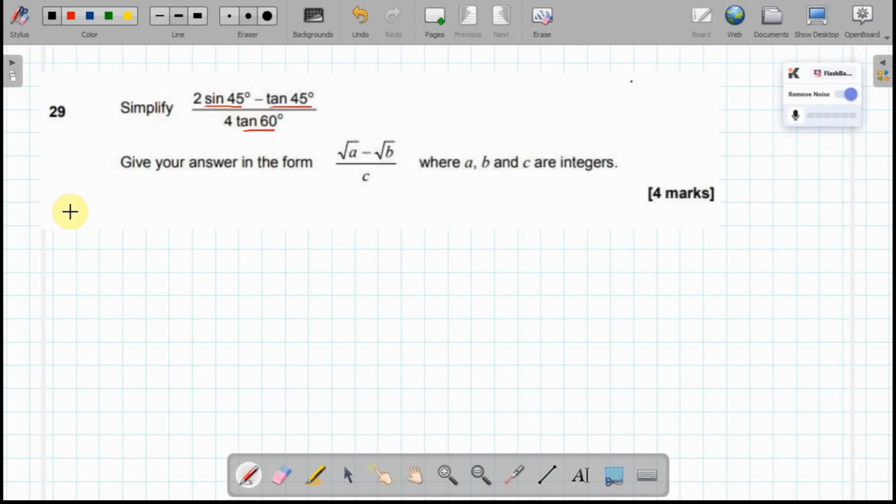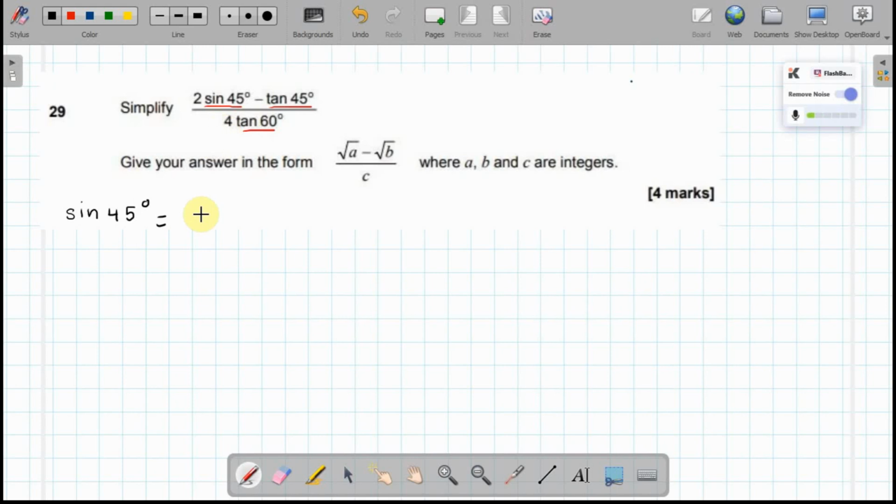So let's start off first with sine 45. We've got to learn these values by heart because these questions are in the non-calculator paper. There's a hand rule as well. It's a very famous video on YouTube, a hand rule of trigonometry, which you can watch. It's just really beneficial.